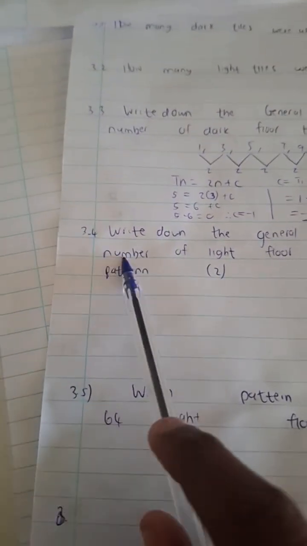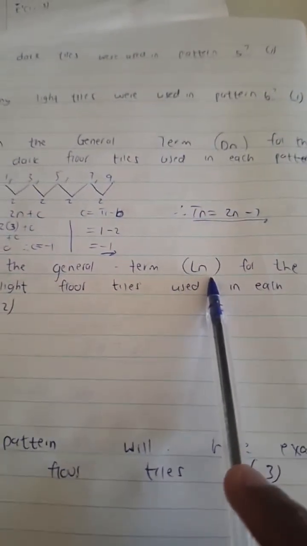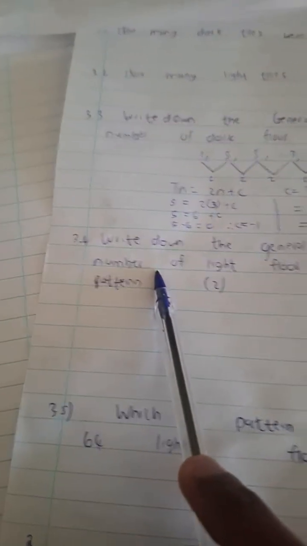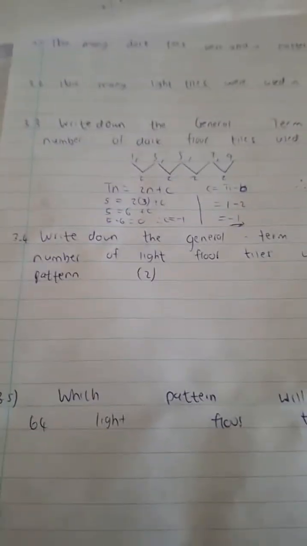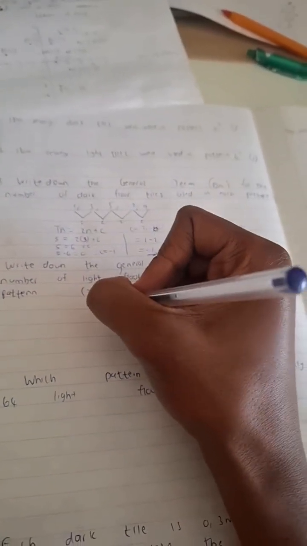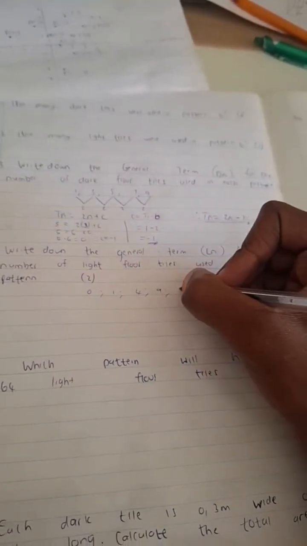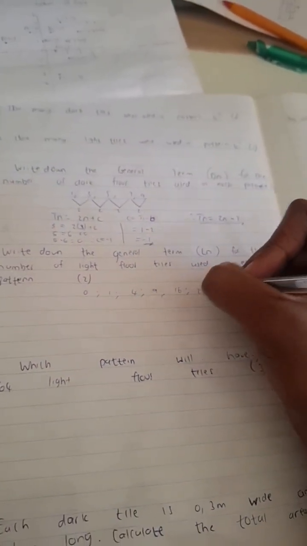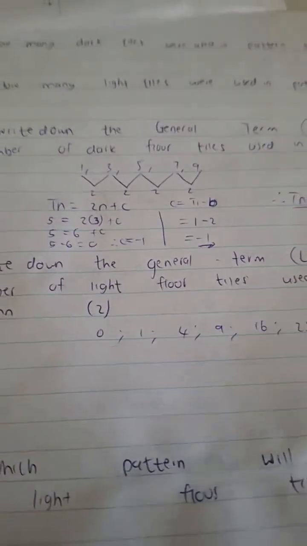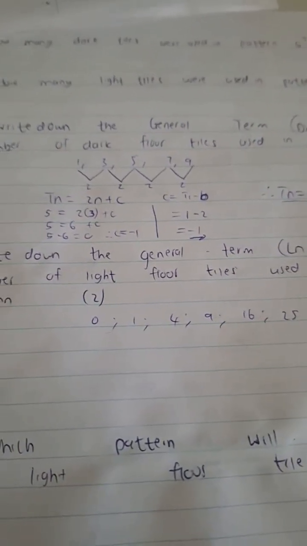If we look at 3.4, write down the general term Ln for the number of light floor tiles used in each pattern. Now guys, this one is slightly different because this pattern is not linear in nature.